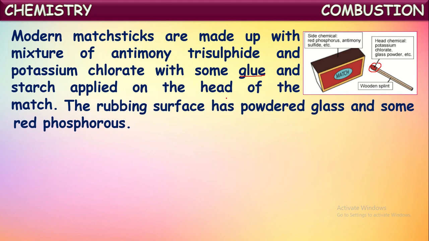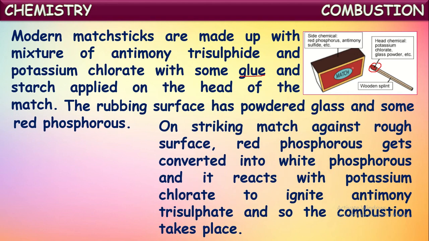Now the rubbing surface of this matchbox has powdered glass and some red phosphorus. The red phosphorus is mixed with glass powder, and these are stuck to the matchbox cover surface.